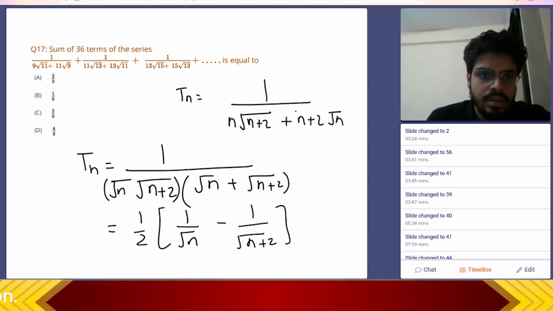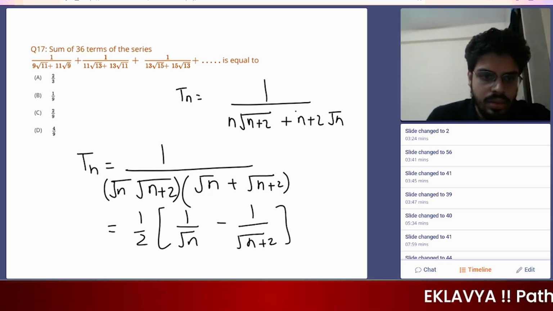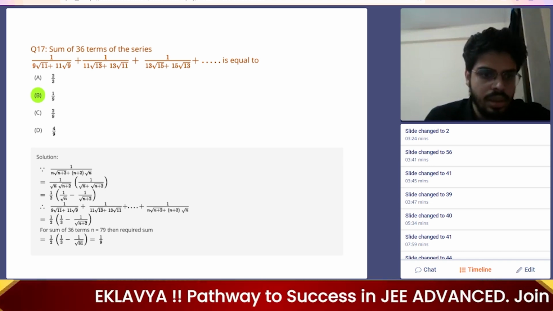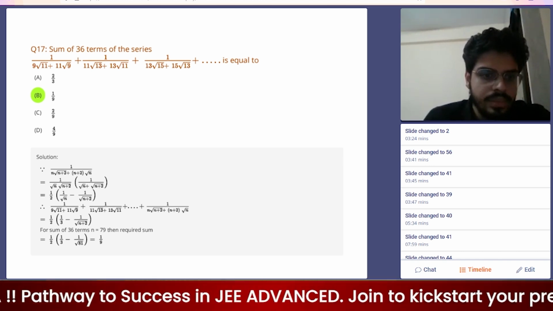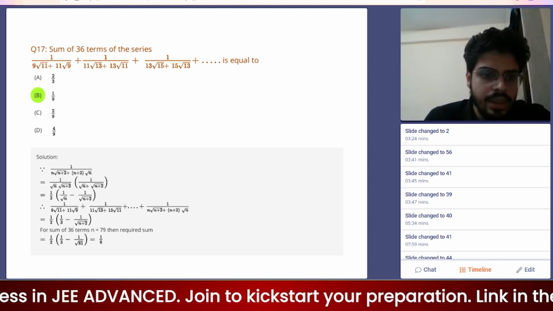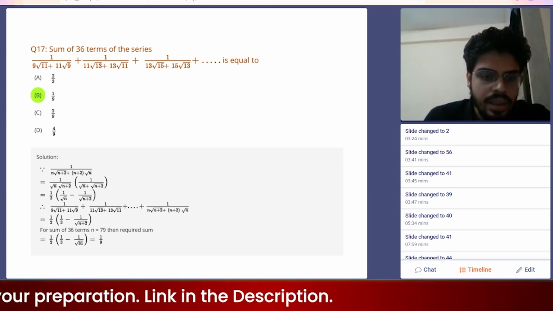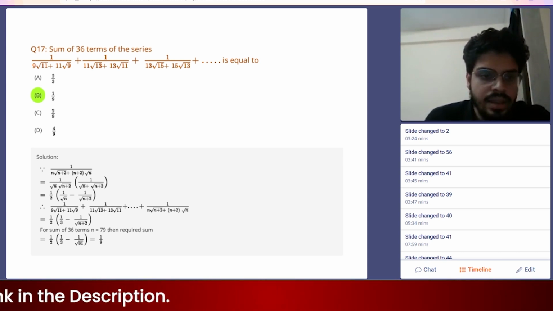Right. So this will come out to be 1 by root n minus 1 by root n plus 2. So now we can put the values of n. And n will start from 9 and will go to 36 terms.